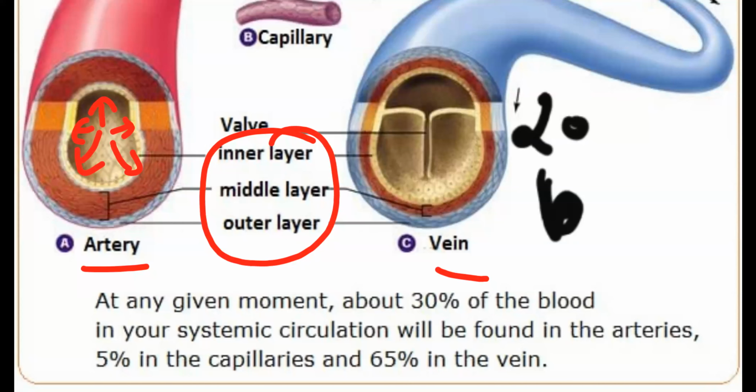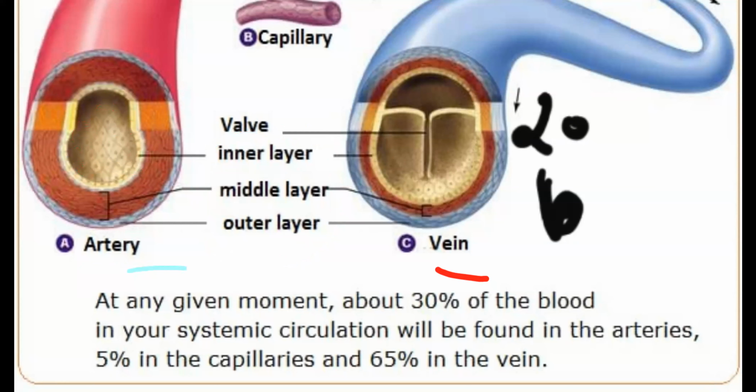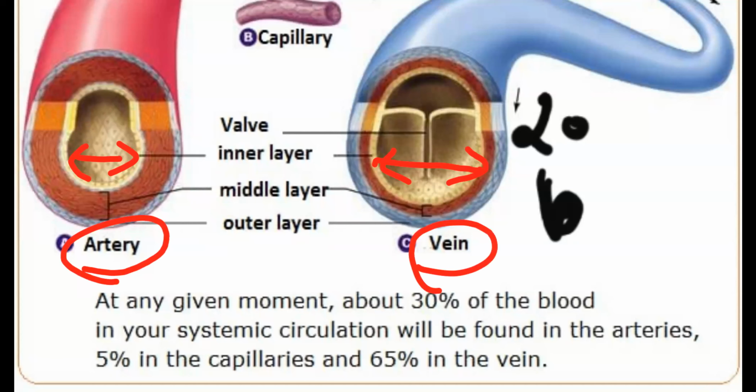But because its wall is very thick, its lumen diameter compared with that of the vein is narrow. So very thick tunica media and a narrow lumen, that is the feature of an artery. For a vein, a comparatively very thin tunica media and a broader lumen.